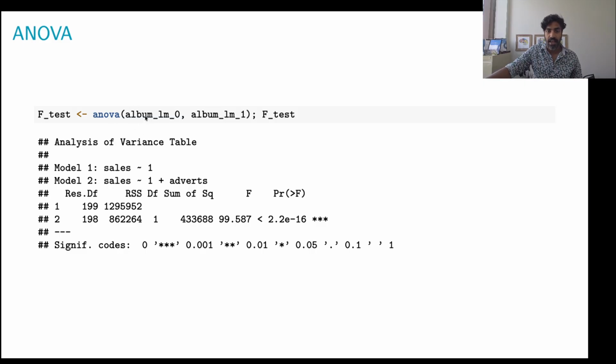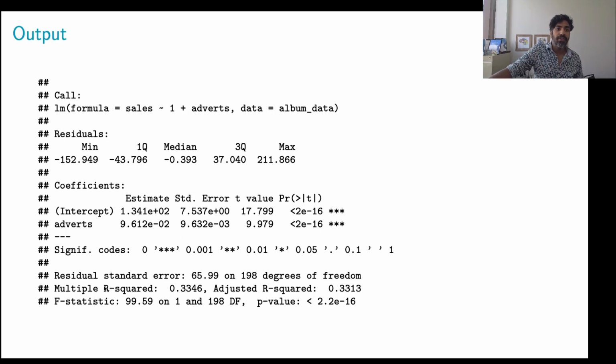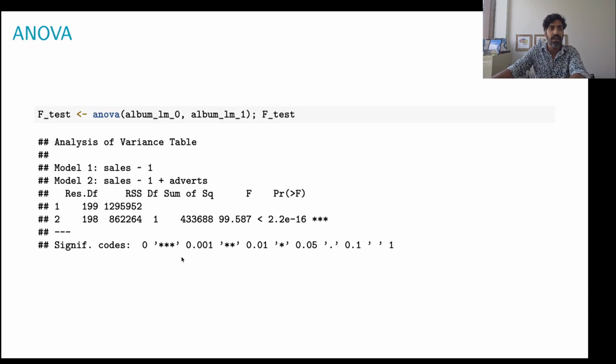This model, just album LM0, uses the mean of the number of records sold, and this uses the actual regression line that we fit. And it says, yeah, actually it explains the variance better than the average, right? So if you go back to this line here, the F statistic is 99.59 on 198 degrees of freedom, and you'll see that those numbers map on very closely here.